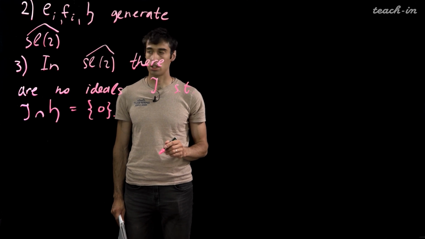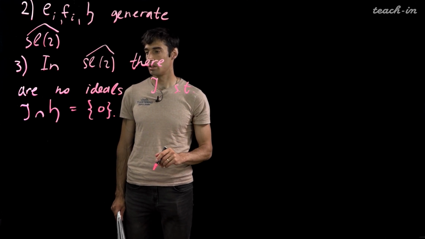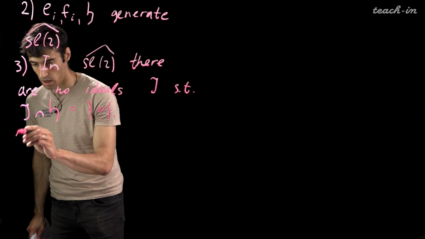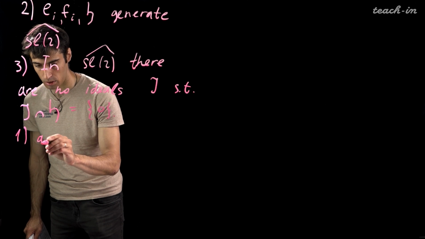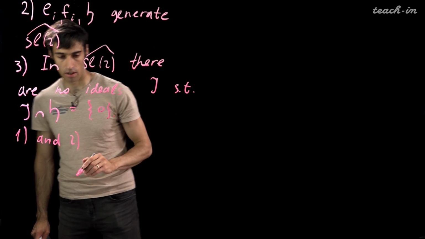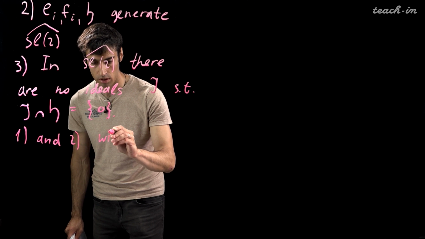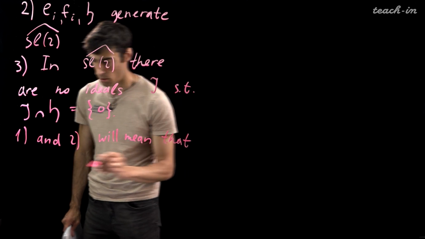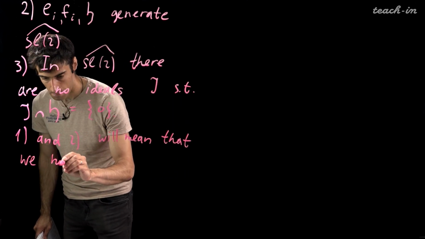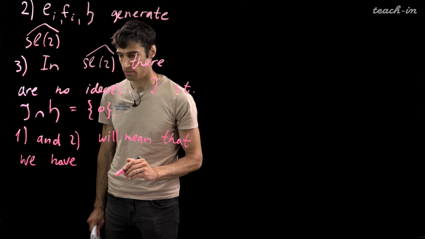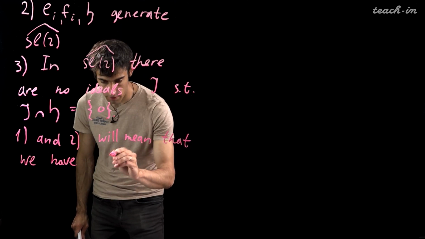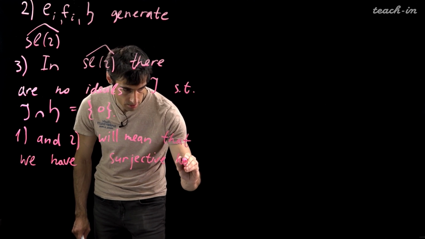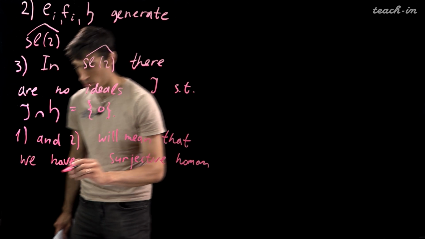So I claim that if we check these three things, we prove the theorem. Why is that? So 1 and 2 will mean that we have a surjective homomorphism of Lie algebras.